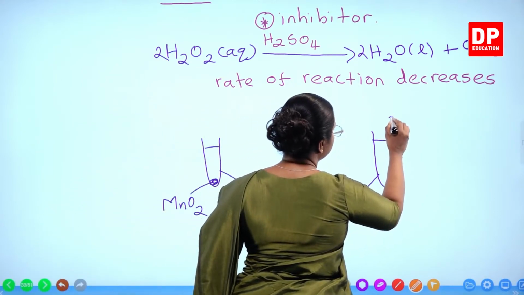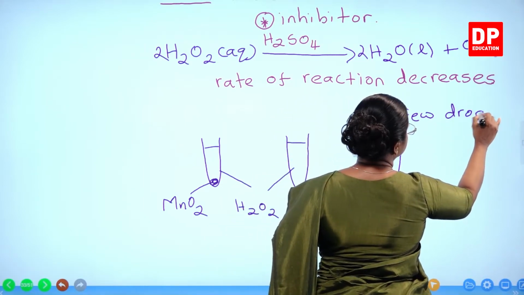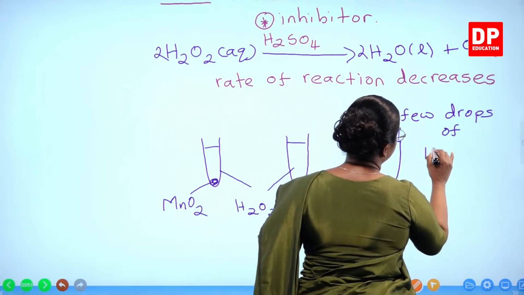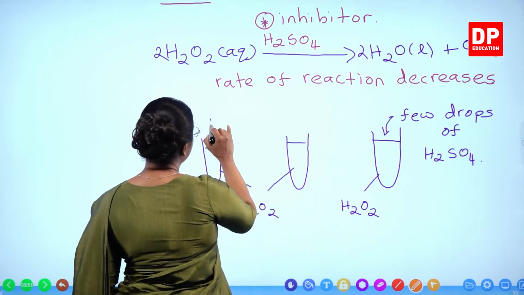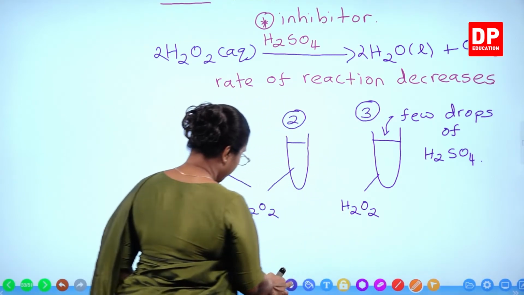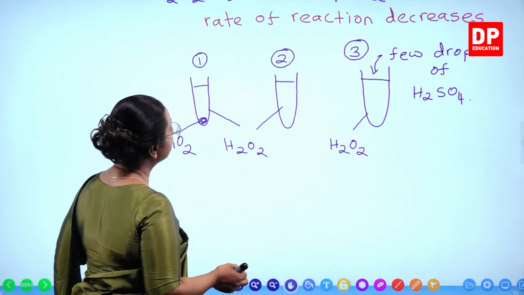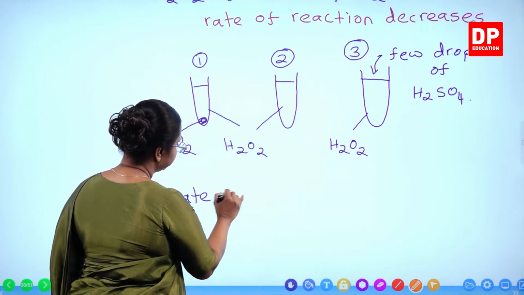Here we can put a few drops of H2SO4. If I label them as 1, 2 and 3, what can you say about the rate of reaction?